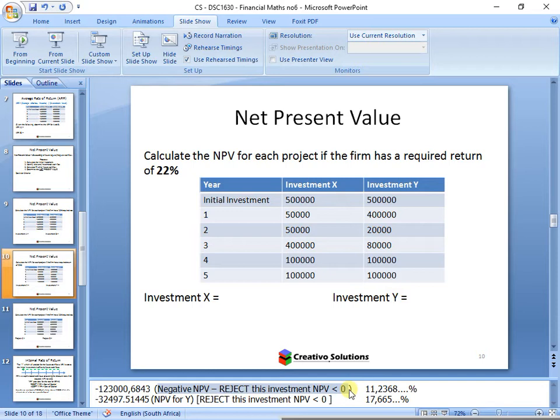Don't worry about that, that's the IRR. We're coming to that later. I'm going to discuss that with this example just now. For now, just make sure you can get the minus 123,000. So I'll put 8.